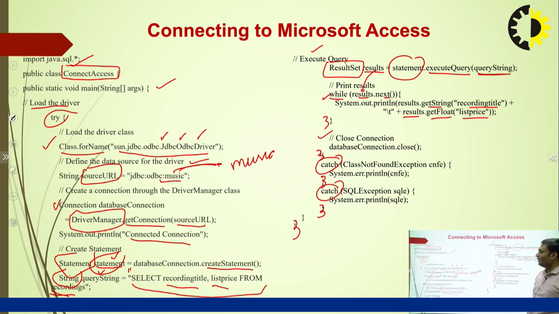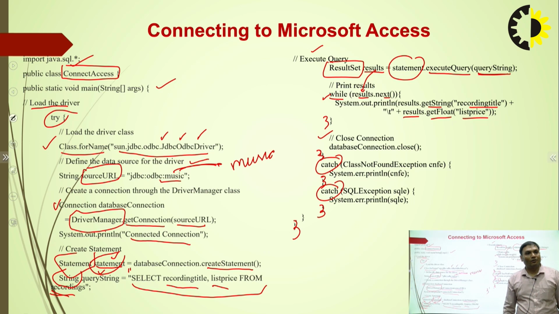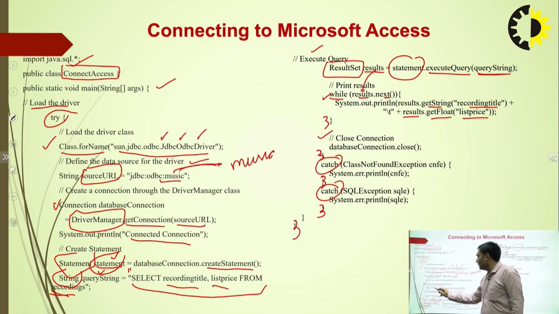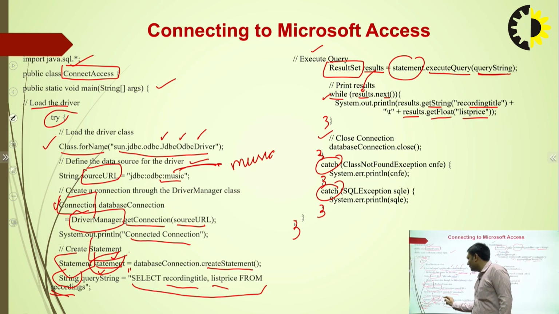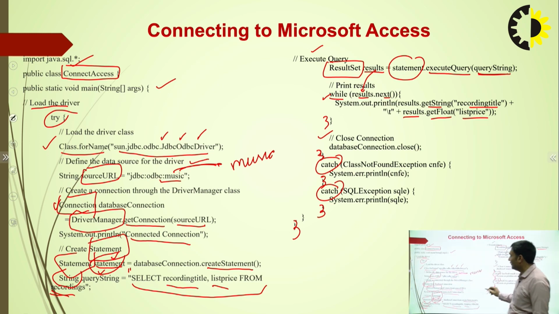You may put a try and catch block, or you may not, but the essential classes are the Connection class, the Statement class, and the ResultSet class. These are the important classes that we need to remember when we create an application to connect to our database, right?